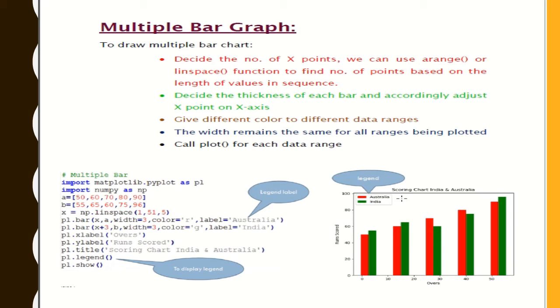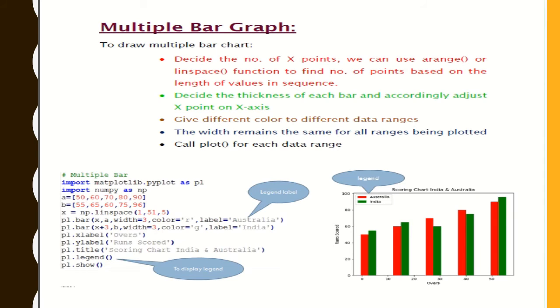So it will display the legend, like this: p1.bar is my Australia part, which is represented in red color, and the second one is my green color, that is x + 3, which is being done, and it will be displayed here. Okay, next is p1.show to display my multiple bar graph chart.